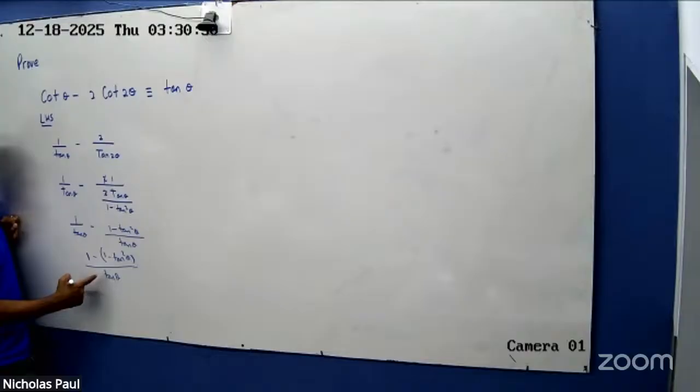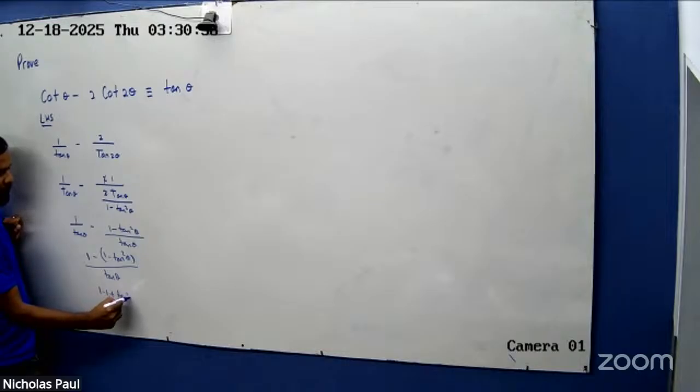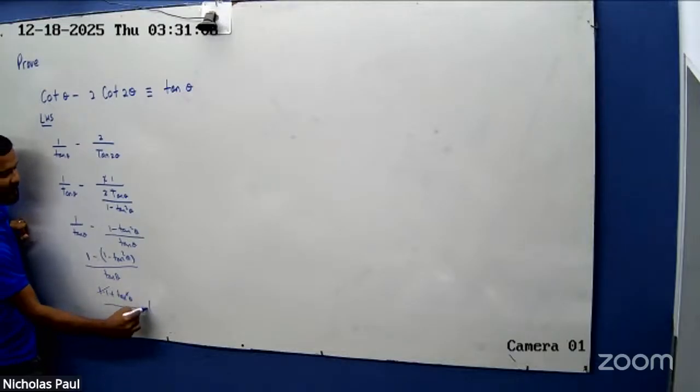Right? When you find the LCM, when you expand the top, you'll get 1 minus 1 plus tan squared all over tan. 1 minus 1, that'll cancel off. Now you can cancel. Tan squared over tan is tan.